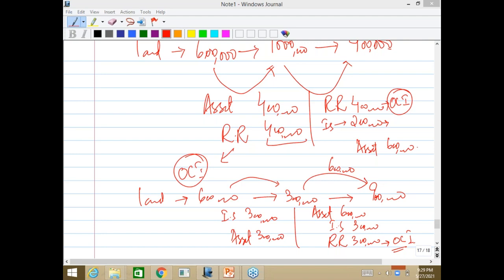We never use the retained earnings. Income statement will be credited means that we have to book the income in the income statement. Okay.